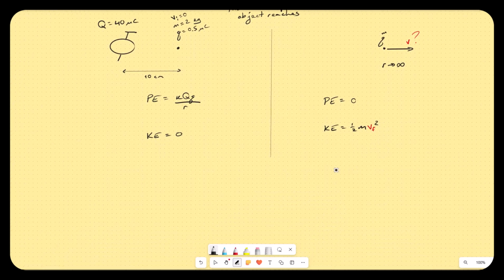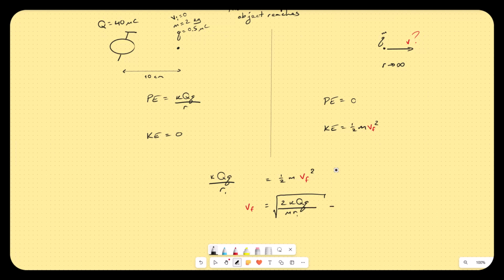So K Q Q over R1 equals half m v final squared. Let's solve this thing for v final. I'm going to go to v final equals, multiplied by 2, so 2 K Q Q, divided by m R1, and then I'm going to take a square root.